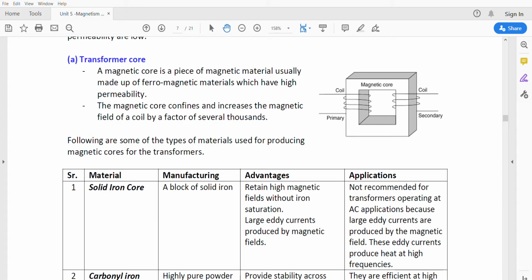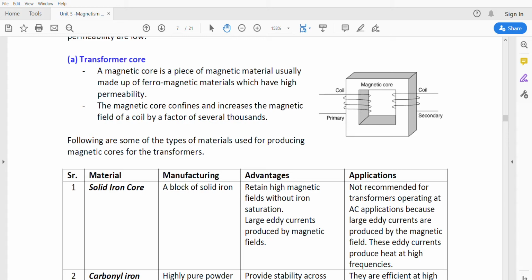The magnetic core confines and increases the magnetic field in the coil by a factor of several thousands. We know that the primary coil allows current to pass through it. It slowly changes as a magnet, and that flux is induced into the secondary coil due to the principle of mutual induction. So here the ferromagnetic material is used as the core material due to its high permeability values.